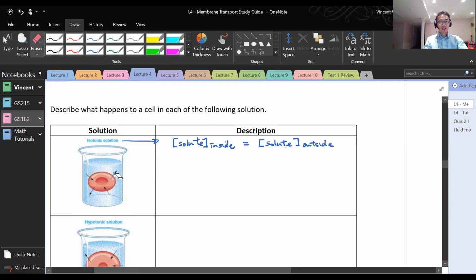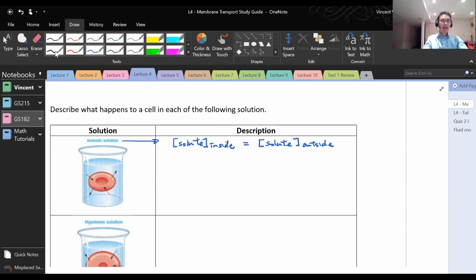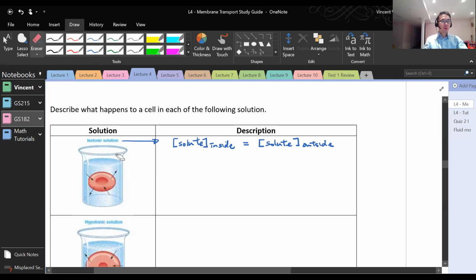If the outside solution is the same as the inside solution, we call it isotonic. In an isotonic solution, the rate at which water enters the cell, in red arrow, equals the rate at which water exits the cell. Very important point to remember.